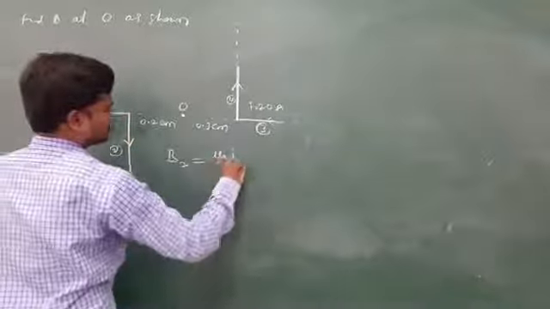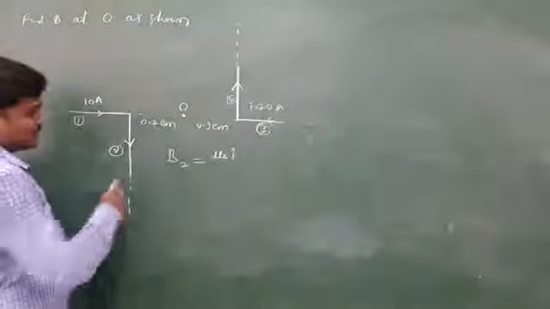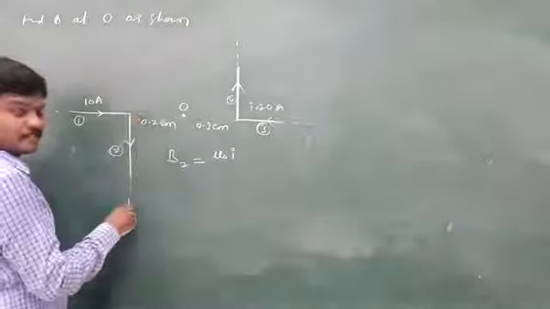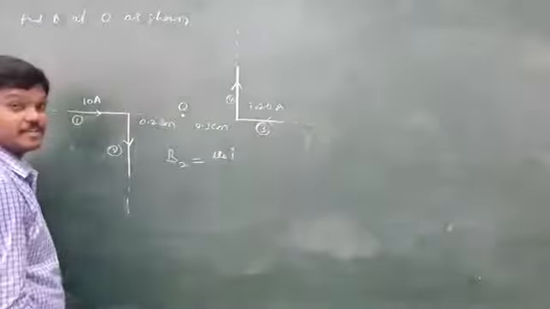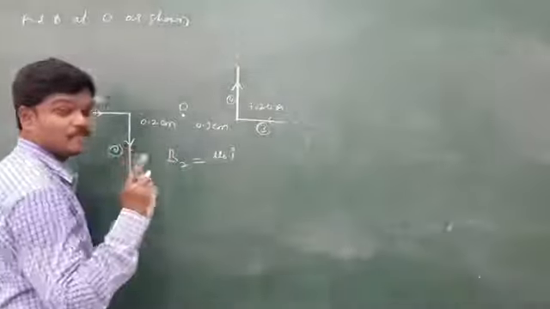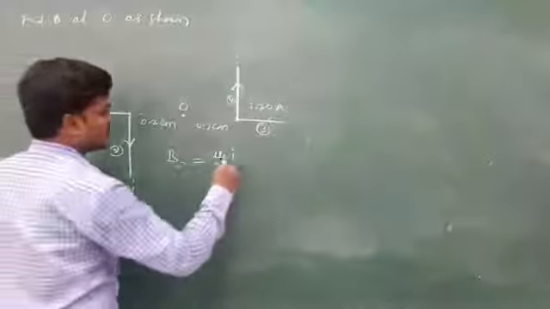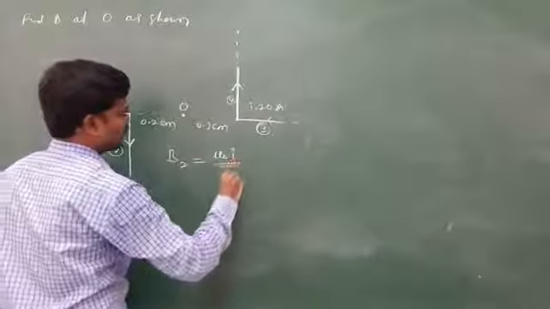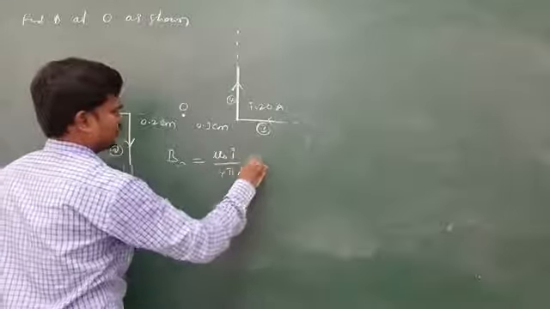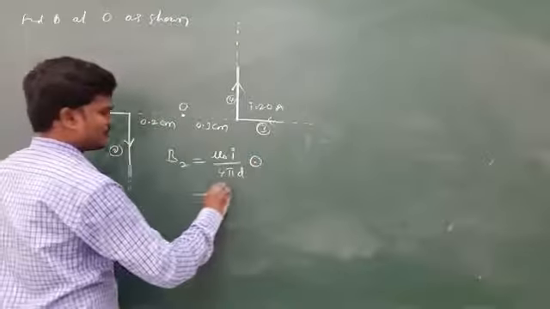So B2 is how much? Mu naught I by, see this is an infinite wire with one end. The formula for an infinite wire with one end is mu naught I by 4 pi d. So mu naught I by 4 pi d, and this is outward.